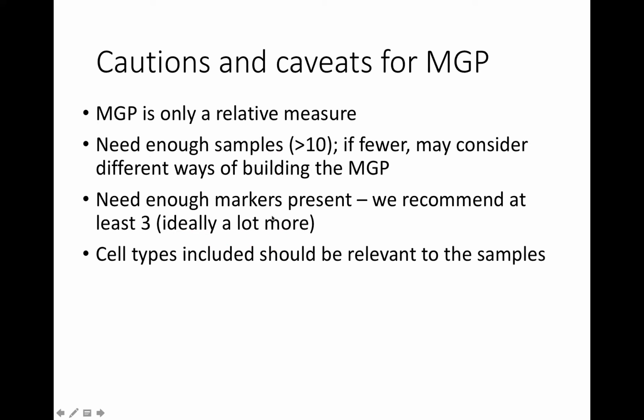If your cell type doesn't have enough markers, or they weren't measured in your data set for some reason, that's a problem. We'd say a minimum of 3 is the bare minimum, but ideally you'd have a lot more. And of course, there's not much sense in trying to measure cell types that you know are not present. Including a Purkinje cell profile, if you're measuring amygdala, wouldn't make a lot of sense.